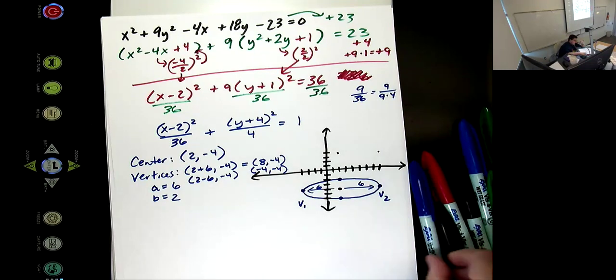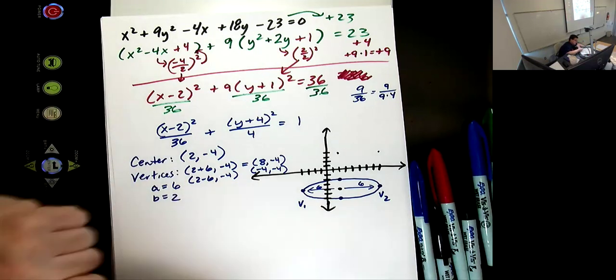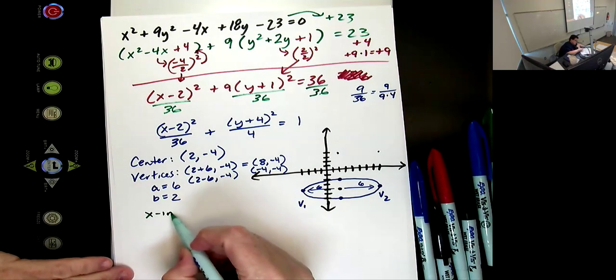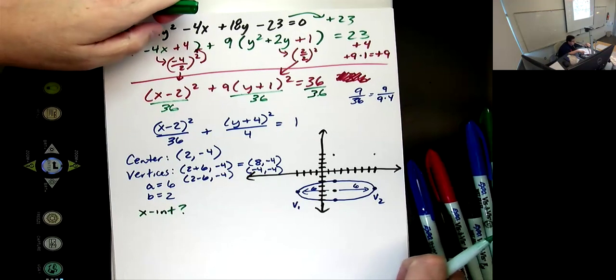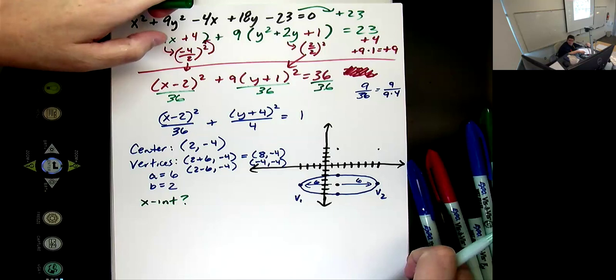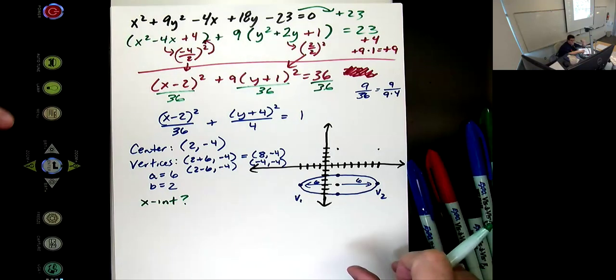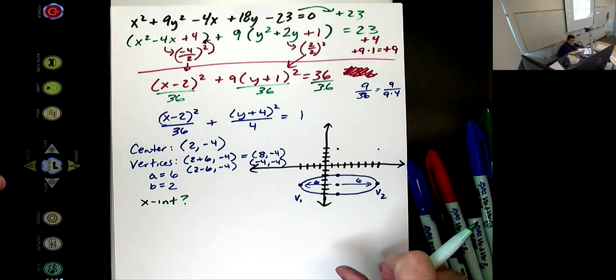Do we have any x-intercepts? This should be a really easy question.